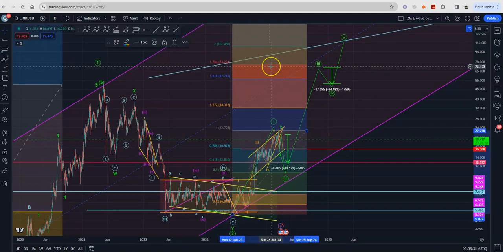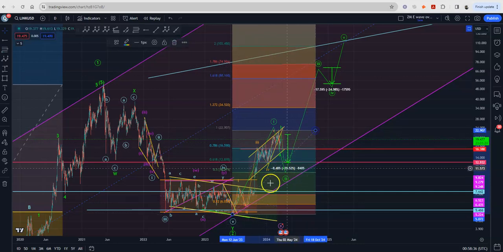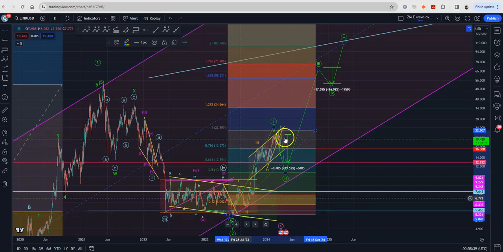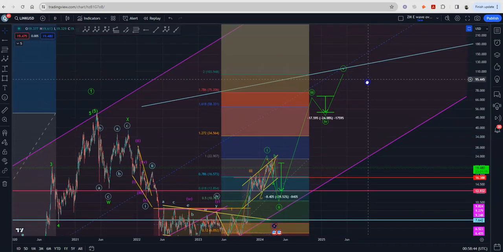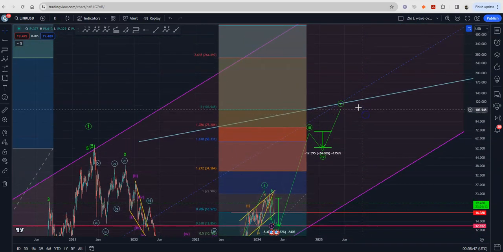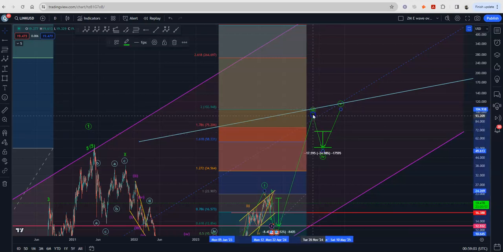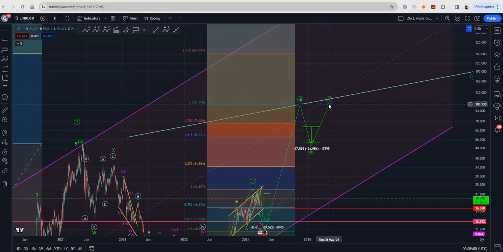As you can see, normally, for wave 5, I like to take a conservative projection of the 2 fib extension. You can also, if the rally gets really wild, have wave 3 go up to the 2 fib extension, and then wave 5 will go up to the 2618 or 272.